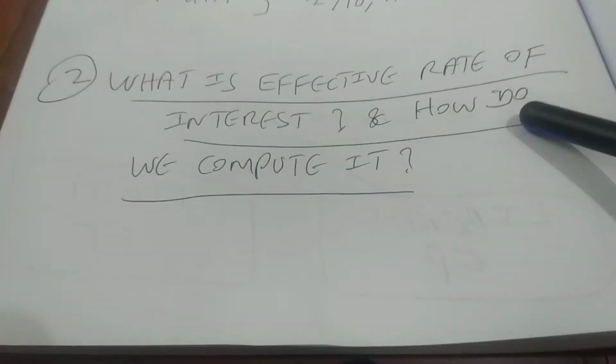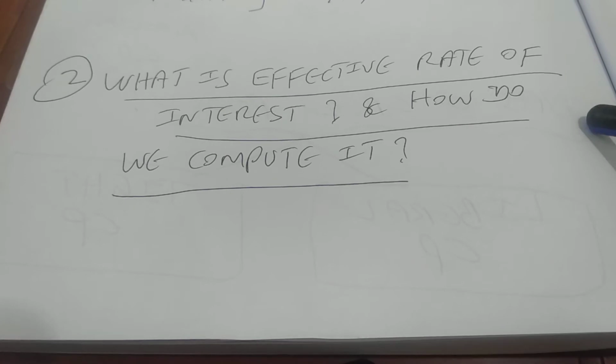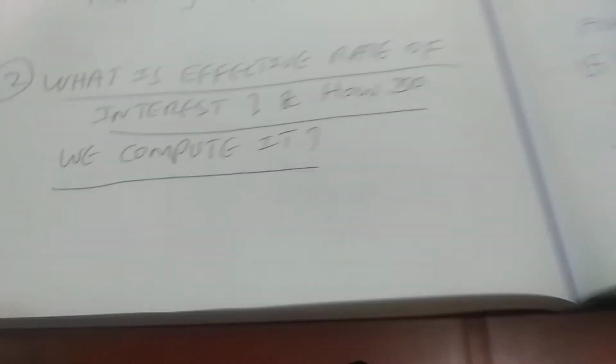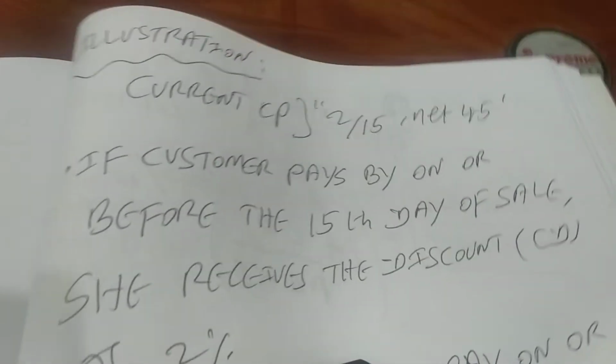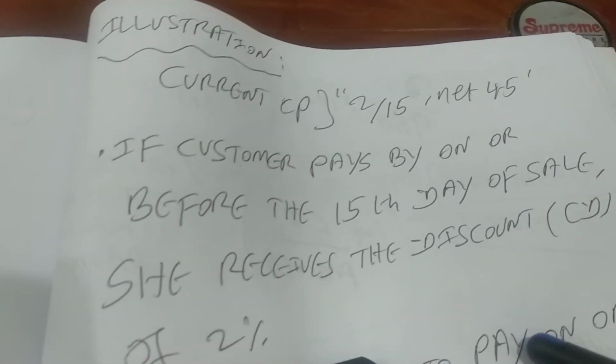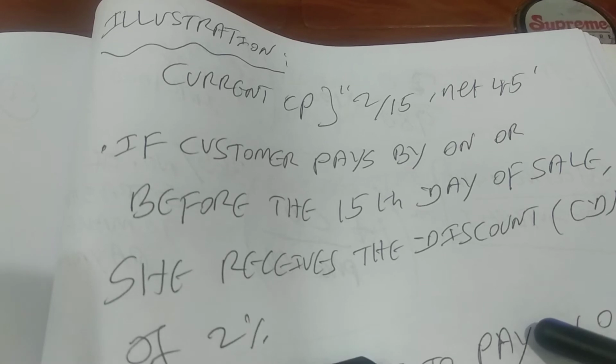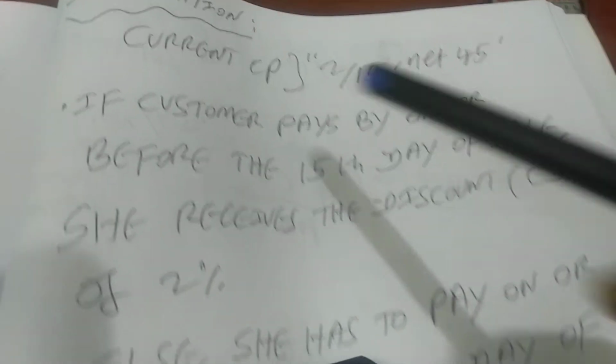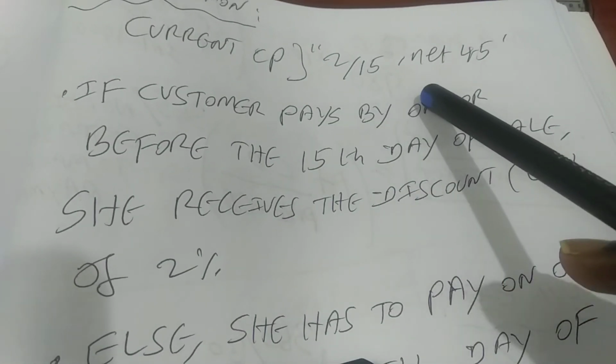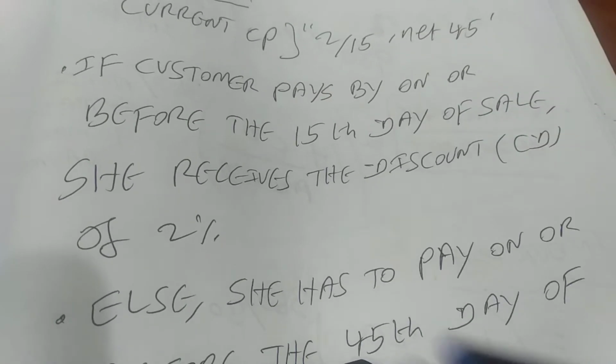The next question is this: what is effective rate of interest and how do we compute it? Let me help you in understanding this by this way, wherein the current credit policy is 2 by 15 net 45.